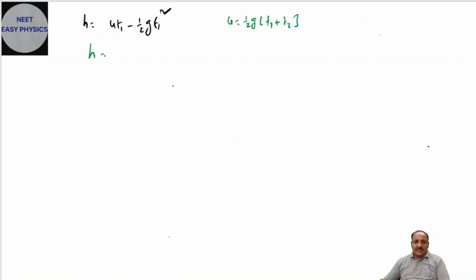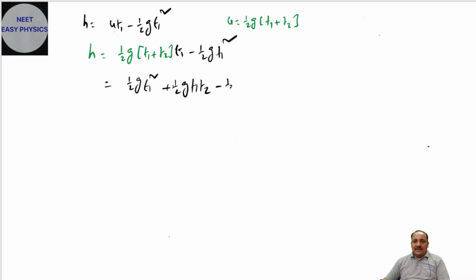Substitute here: h is equal to half g (t1 plus t2) into t1 minus half g t1 square. If you multiply this, half g t1 into t1 gives t1 square, plus half g t1 t2, minus half g t1 square. What did you get finally?